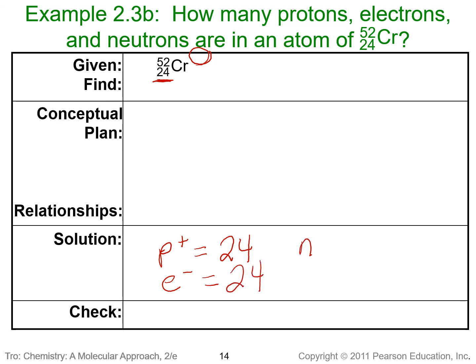And our neutrons we can find by taking the mass number minus our atomic number. So in this case, 52 minus 24. We get 28 neutrons.